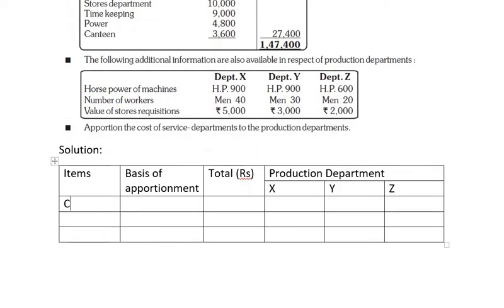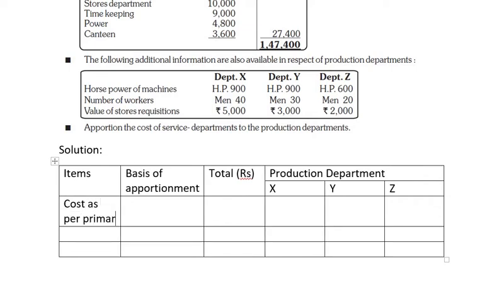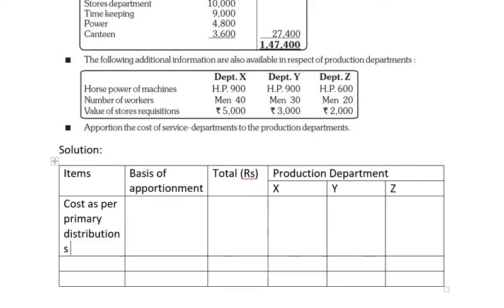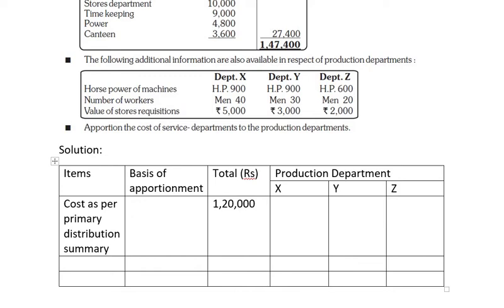So cost as per primary distribution summary, total is 1,20,000. For X it's 45,000. For Y it's 40,000 and for Z it's 35,000.